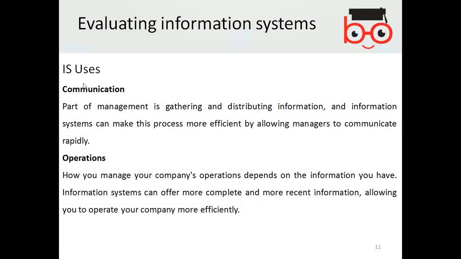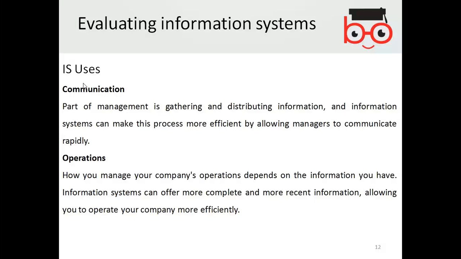Information system uses. Obviously, it is used in communication. Part of management is gathering and distributing information, and an information system can make this process more efficient by allowing managers to communicate rapidly. So a major and core concern of the information system is communicating the business processes and information within the organization.